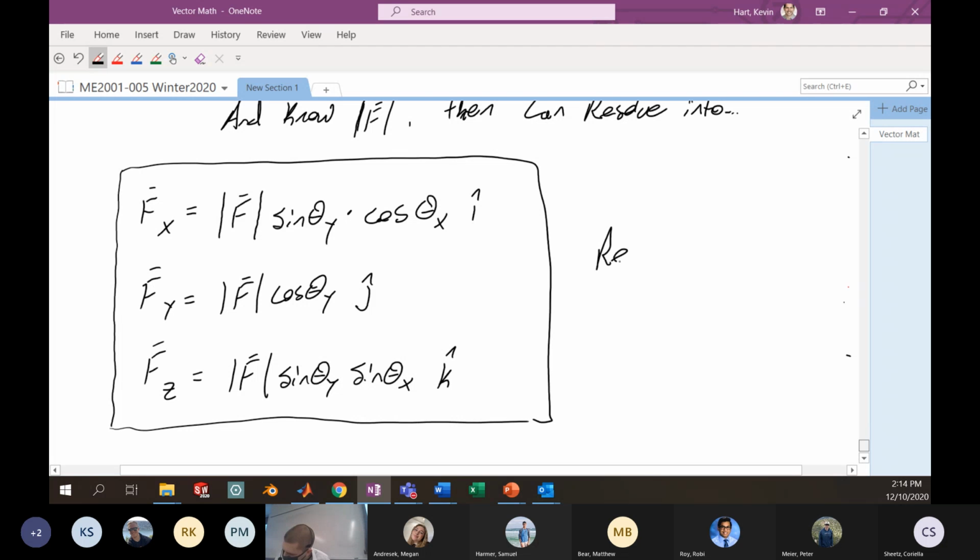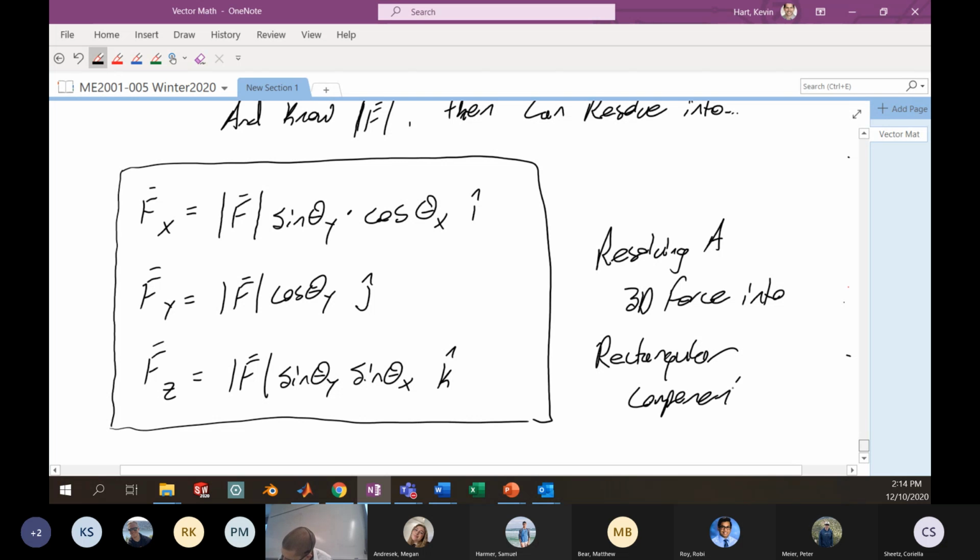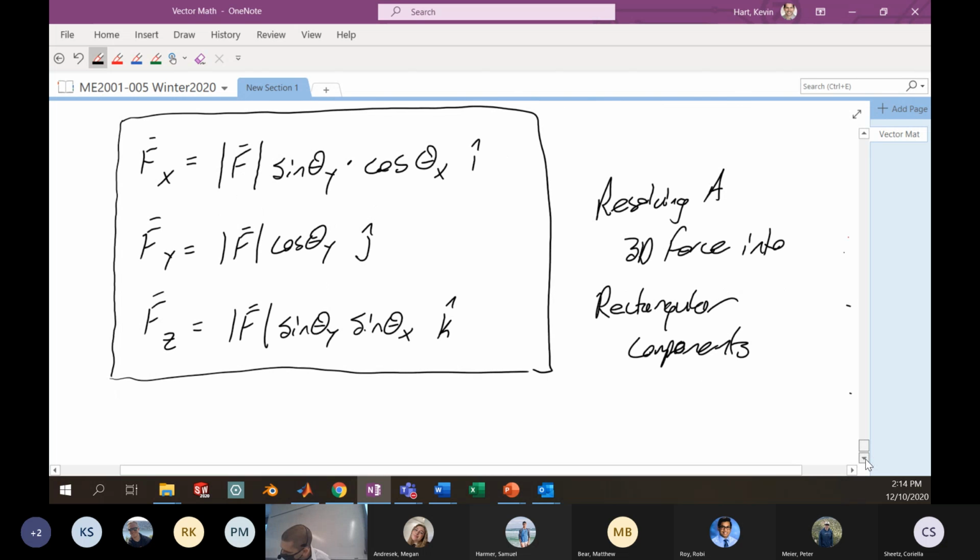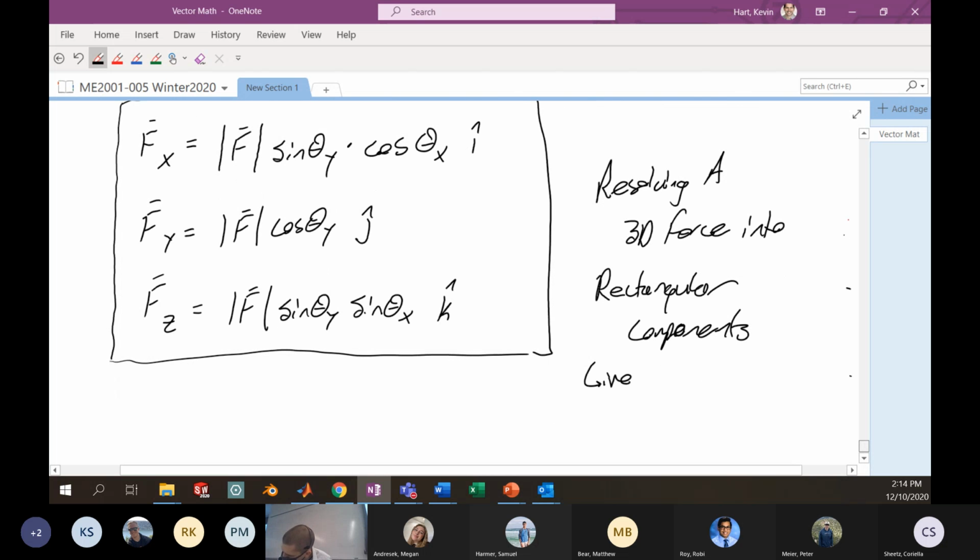Okay, so resolving a 3D force into rectangular components given some known angles, right?